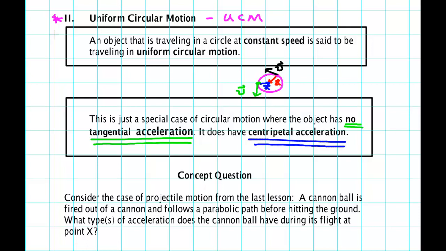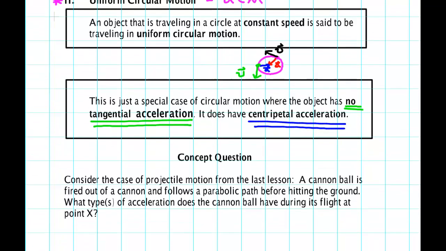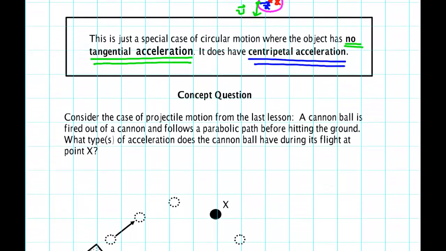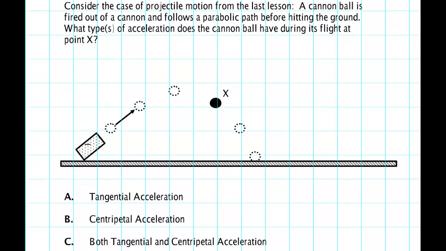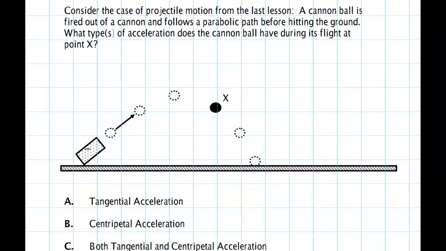Let's show a concept question, because it turns out some of the stuff we've been doing is not as unfamiliar as you might think. Consider the projectile motion from a previous lesson. Here's a gun, it fires a ball, the ball flies through the air like that, and we're going to consider the ball at position X. The question is, what type of accelerations does this ball have?